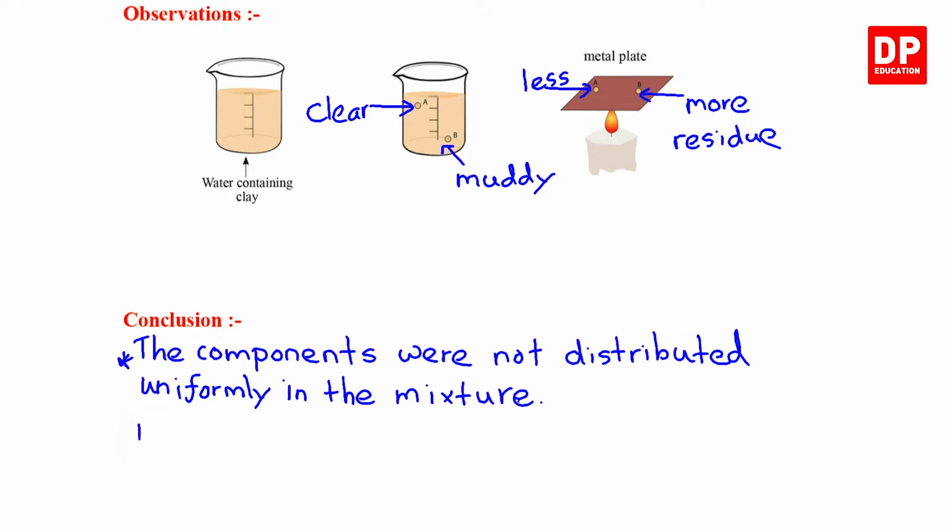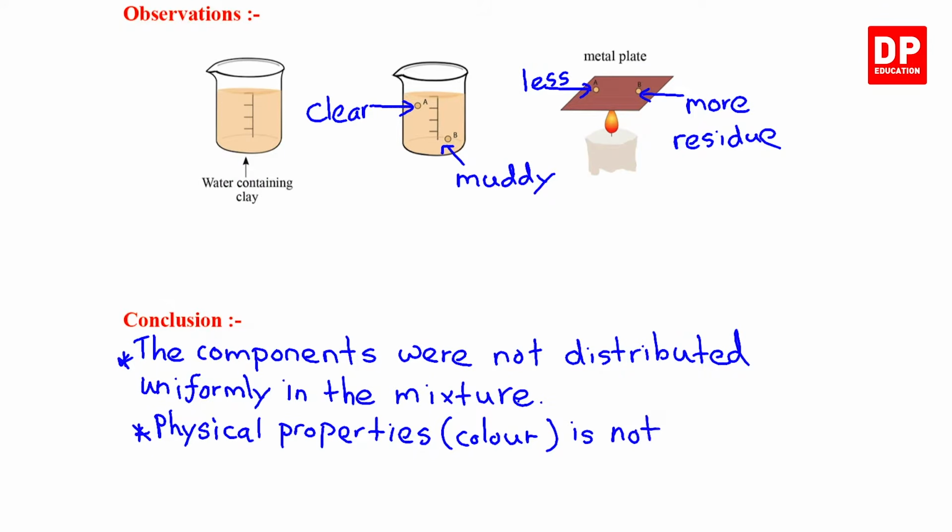That is the first one. Then we can say physical properties like color is not uniform throughout the mixture.